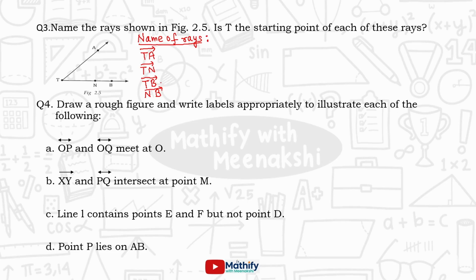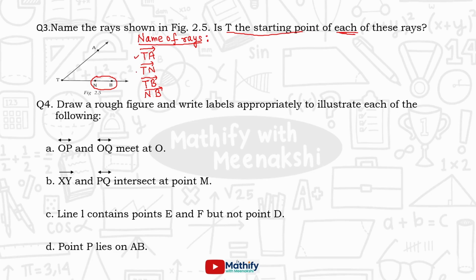I want to tell you one more thing. Most of the students think that this NB is always a line segment. No, as you know, you can extend B towards the right side. That's why I can write that NB is also a ray. Okay. Now the question is whether T is the starting point for each of these rays. They are saying for all the rays.